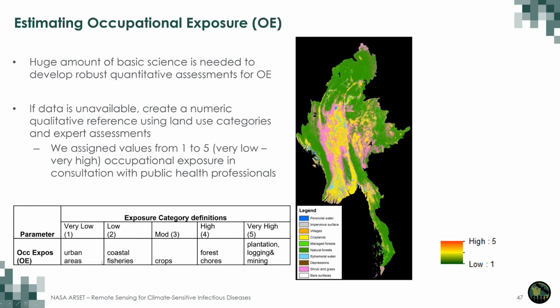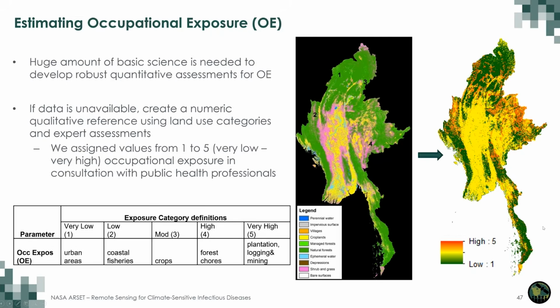And that helps us create these exposure category definitions. They know that in urban areas people are not susceptible, coastal fisheries are very low susceptible, cropping, especially rain-fed crops, moderately, forest chores, so proximity to forests, is high, and plantation, logging and mining is very high.